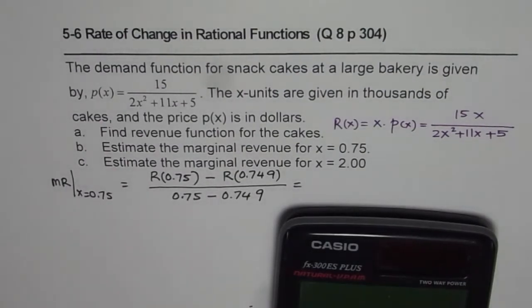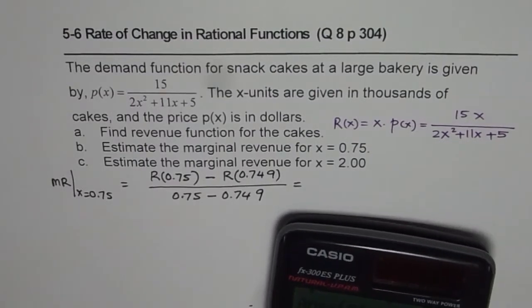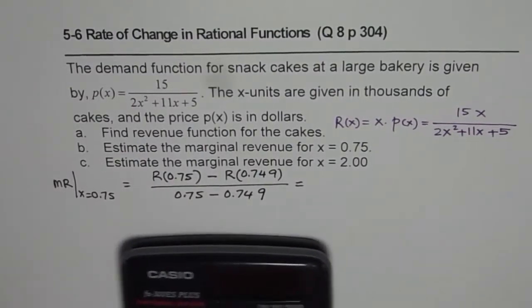So what we have here is 15 times 0.75 divided by, in brackets, 2 times 0.75 squared plus 11 times 0.75 plus 5, and we get 18 over 23.